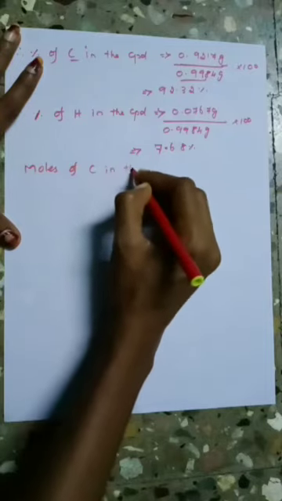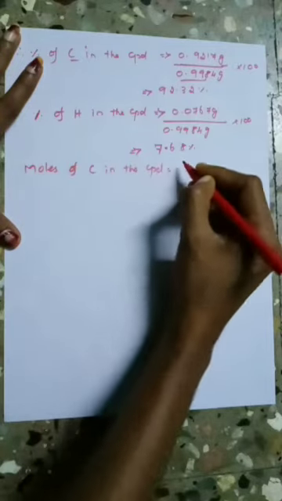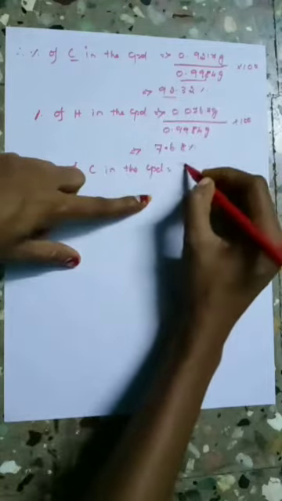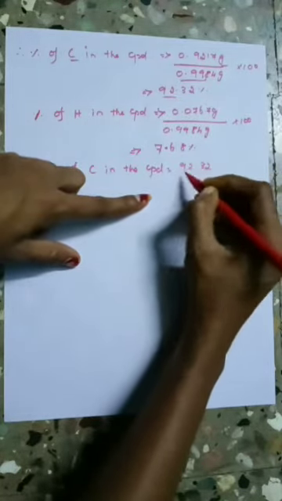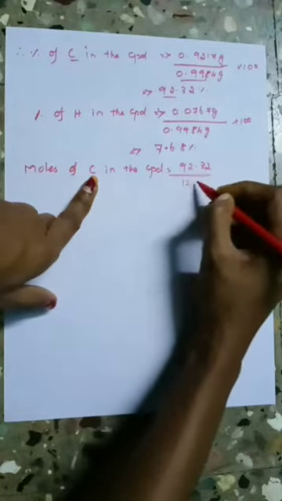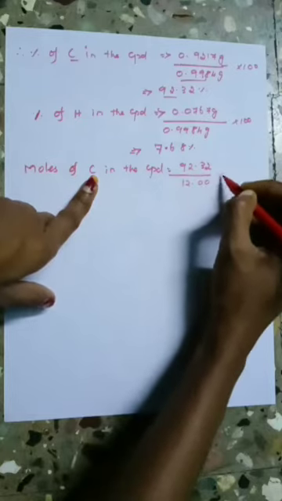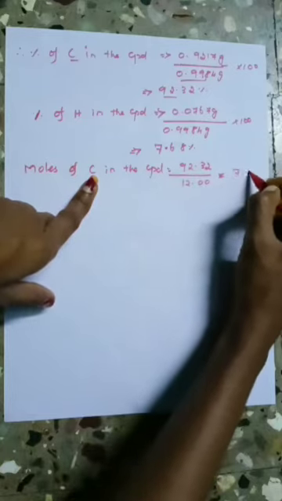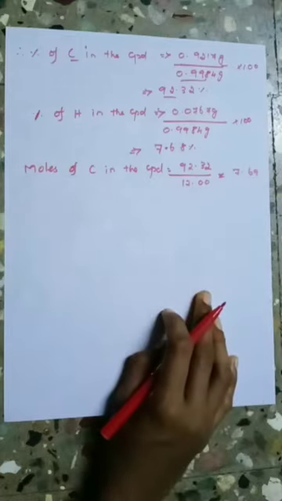Okay, so now we have to find the moles of carbon in the given compound: 92.32 divided by carbon value 12 is equal to 7.69, correct?